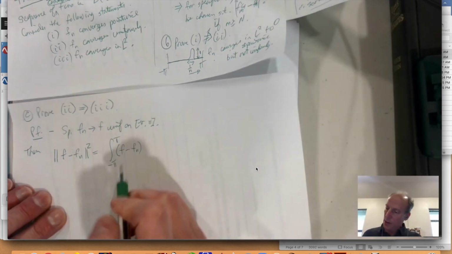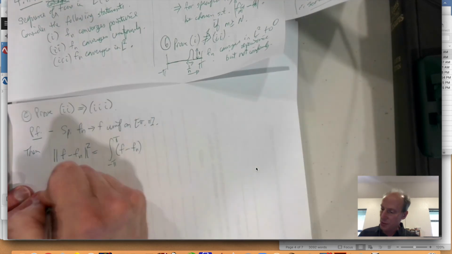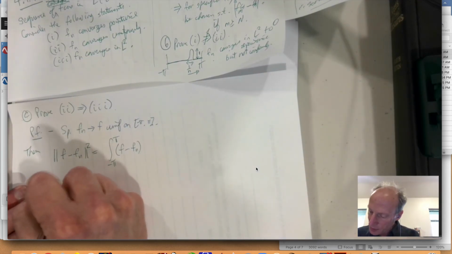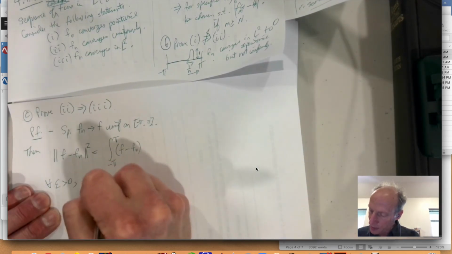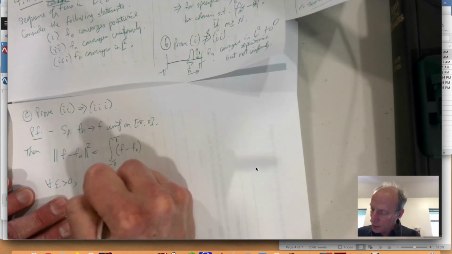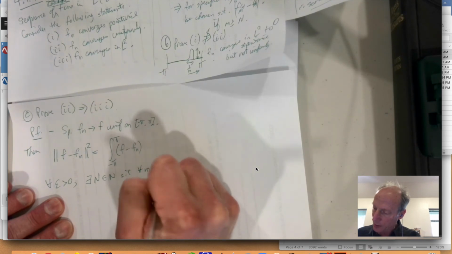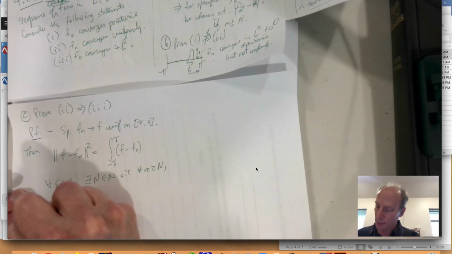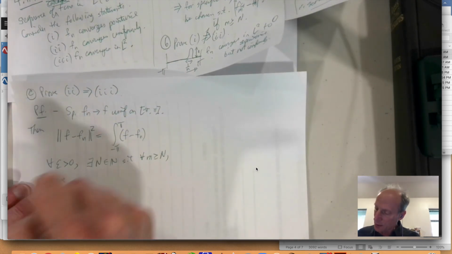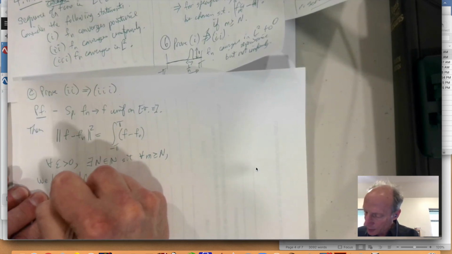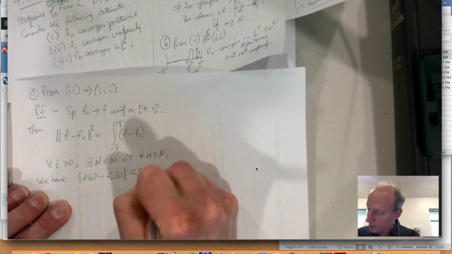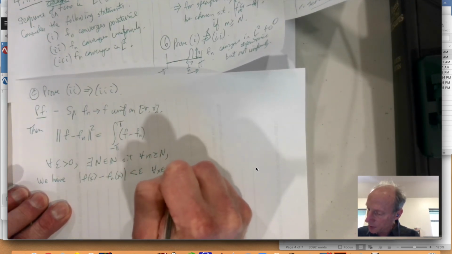All right, well, we can make this less than epsilon. So for all epsilon greater than 0, there exists n in N such that for all little m greater than or equal to n, we have absolute value of Fn of x minus f of x is less than epsilon for all x in negative pi to pi.